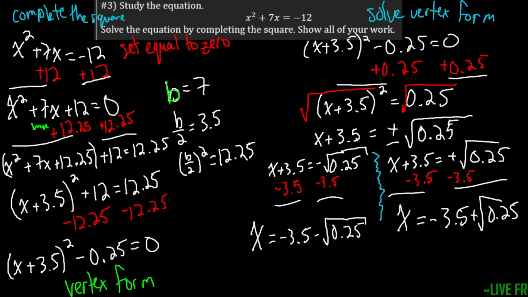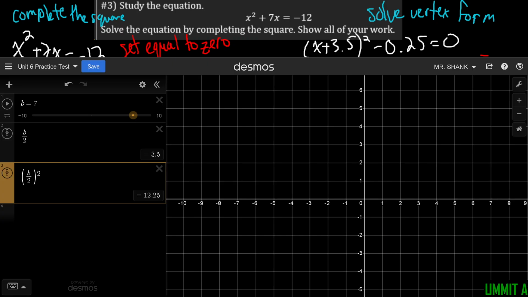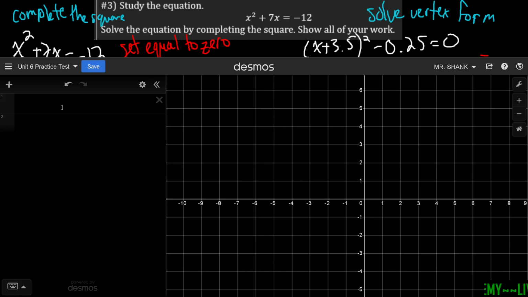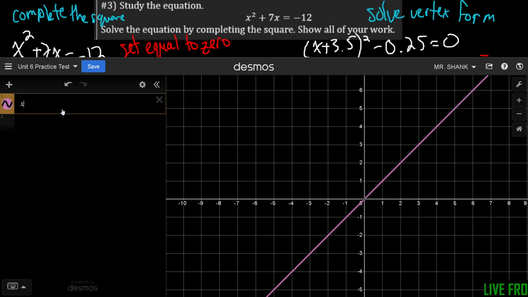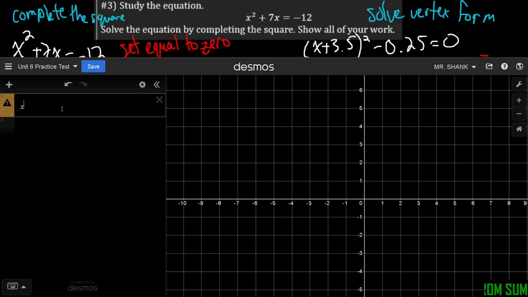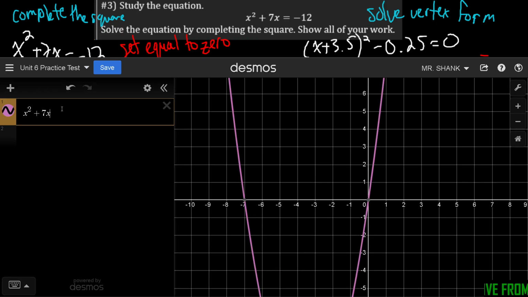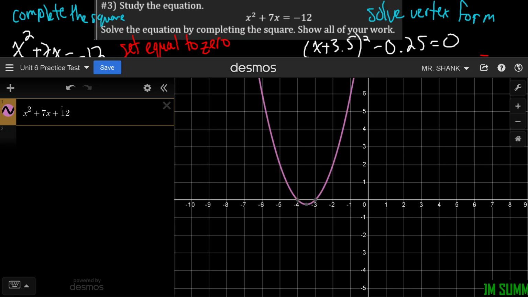So what I'm going to do is pull up my graph and graph out my original equation. My original equation was x squared plus 7x, and we said plus 12 because we added 12 to both sides. Okay, so there's our original graph.